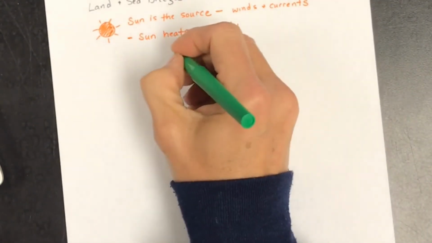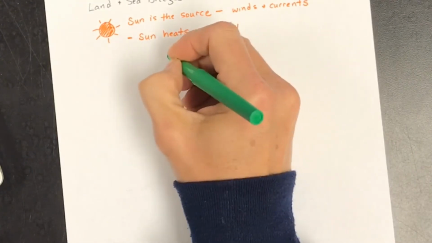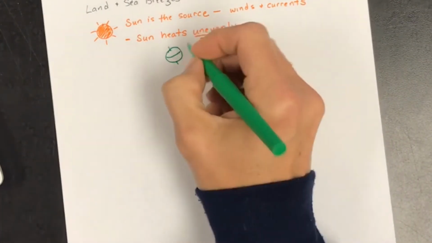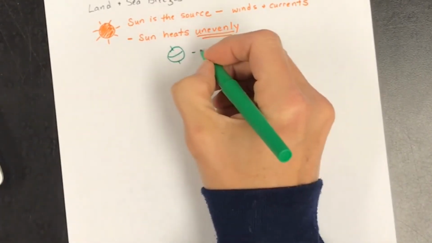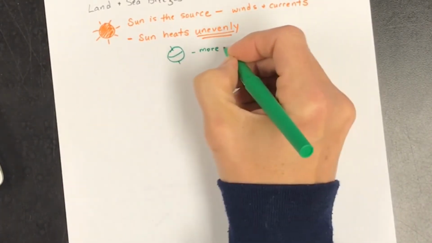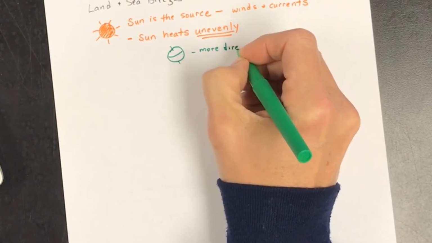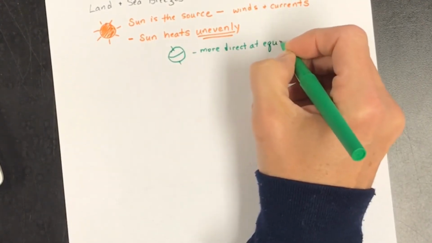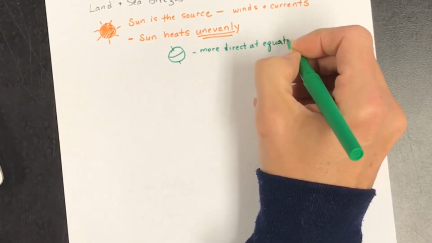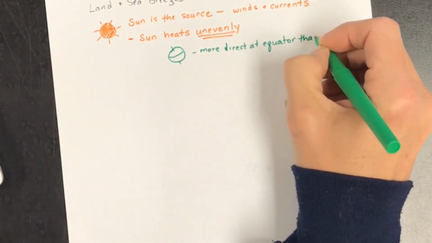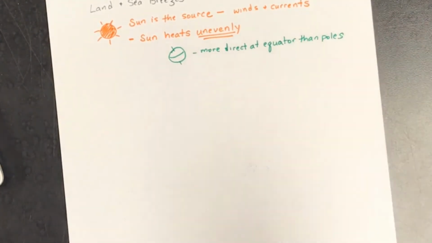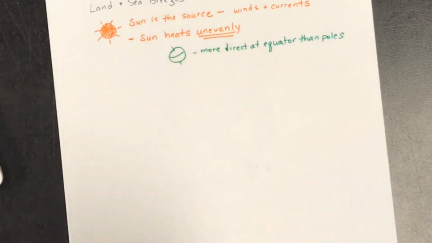One is we have an unevenness on the face of the Earth because we get more direct sunlight at the equator. I'm going to say more direct at equator, than at the poles, right? So we have more heat hitting the equator than at the poles.